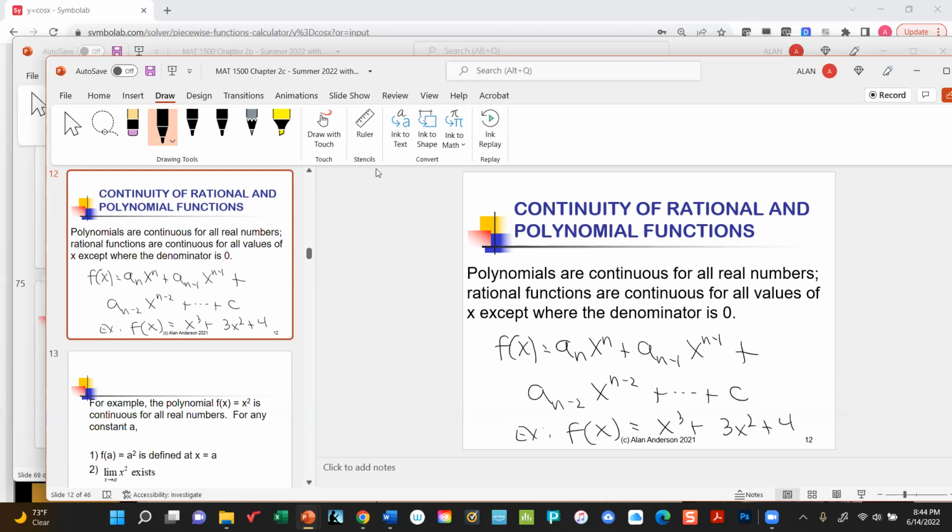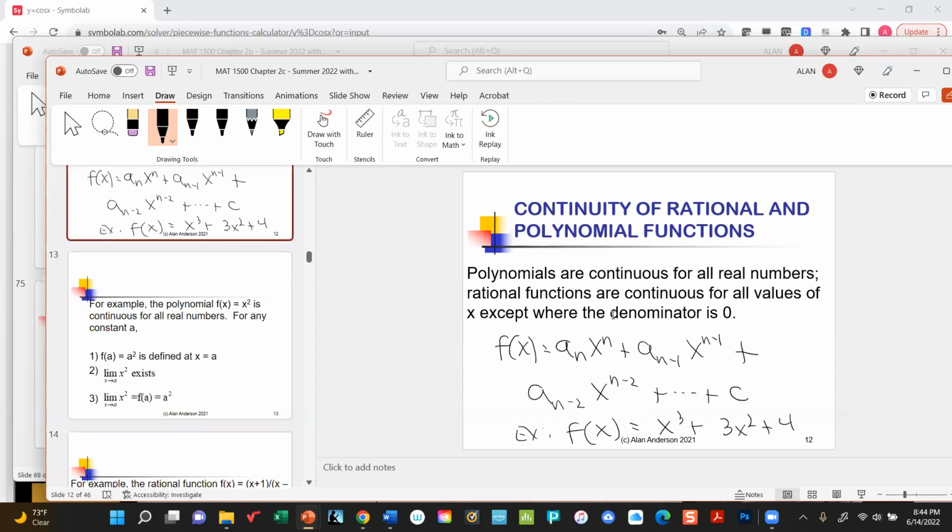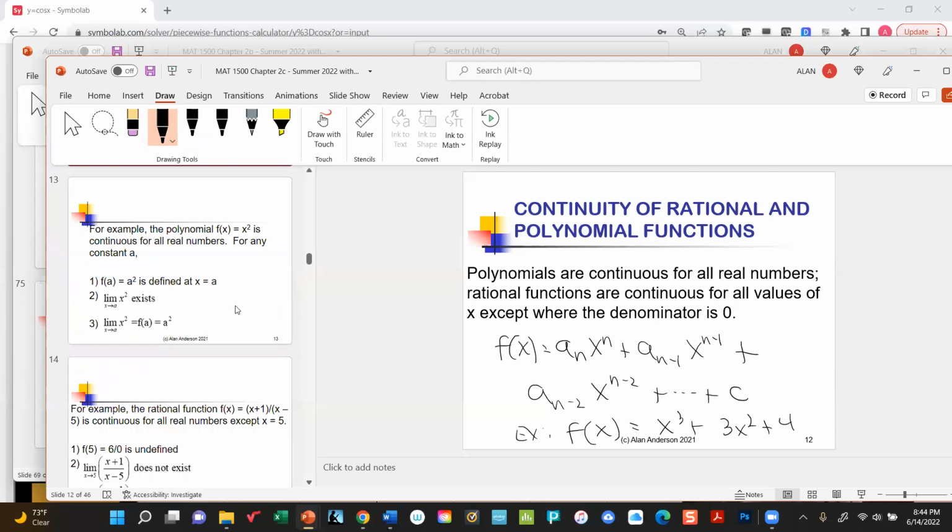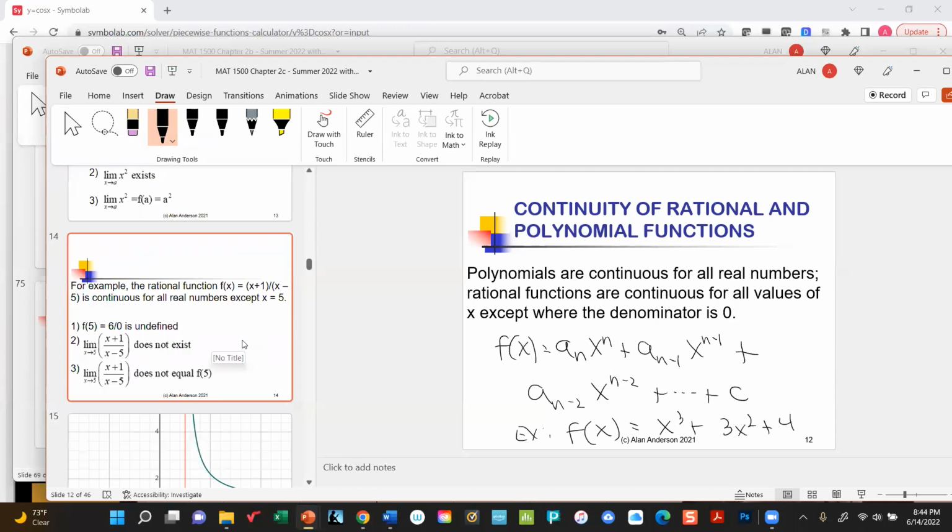There's never going to be a case of division by zero. There's certainly not going to be any issues with taking square roots of negative values. So polynomials are always going to be continuous. Rational functions, on the other hand, are always continuous unless the function in the denominator equals zero.